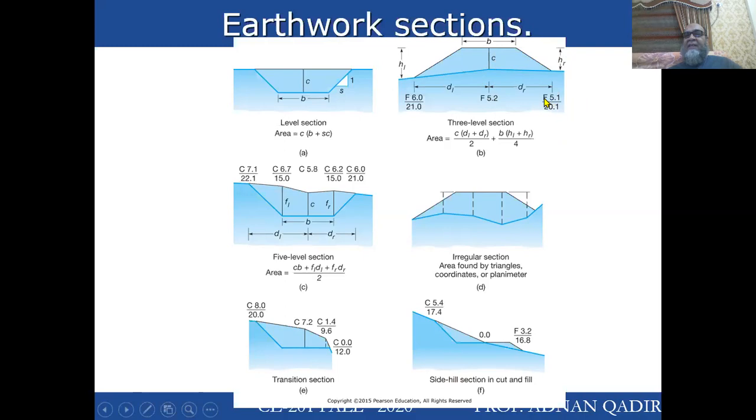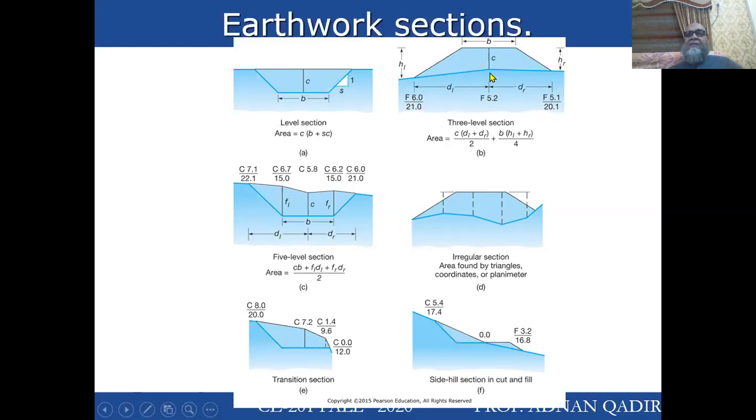This is a fill section. F 5.1 feet is the value of HR, and this 20.1 means the distance from the center point to the right of the section. Now, if I go on the left side, this is the distance L from the left side, and this HL is the height, and this is the distance.